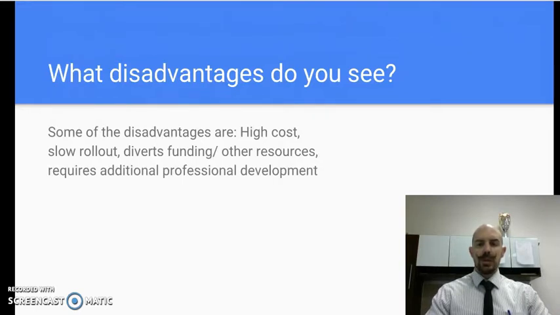Sometimes when it rolls out, it's now outdated by the time it's able to reach its final destination. It does divert funding, so getting a hold of new technologies for schools might mean cutting another budget somewhere else, or losing a resource somewhere else. And of course, technology always requires additional professional development, which may be hard for some schools to acquire.